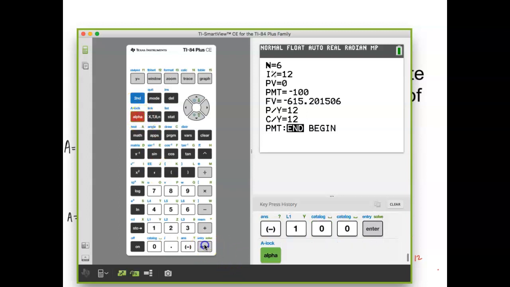And then if I do alpha solve, you see I get the positive account balance of $615.20 in my account. All right, so that's how you use the time value money solver in your calculator. So I think there's another example. We can kind of continue to use that.